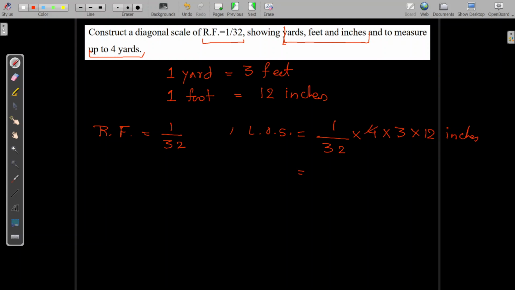Okay, so it will come 12 divided by 32, so it will come 4.5 inches.